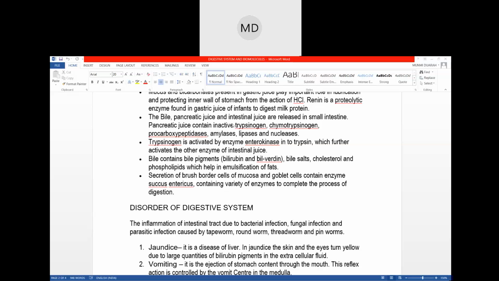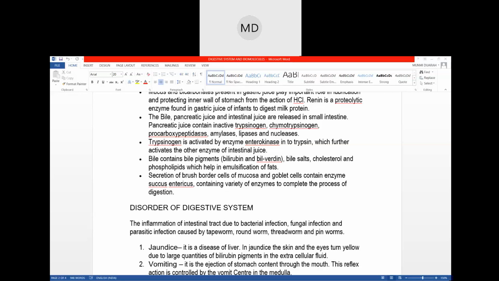But when trypsinogen interacts with enterokinase, this is just for knowledge, trypsinogen is converted into trypsin. Like pepsinogen was converted into pepsin earlier, now trypsinogen is converted into trypsin.